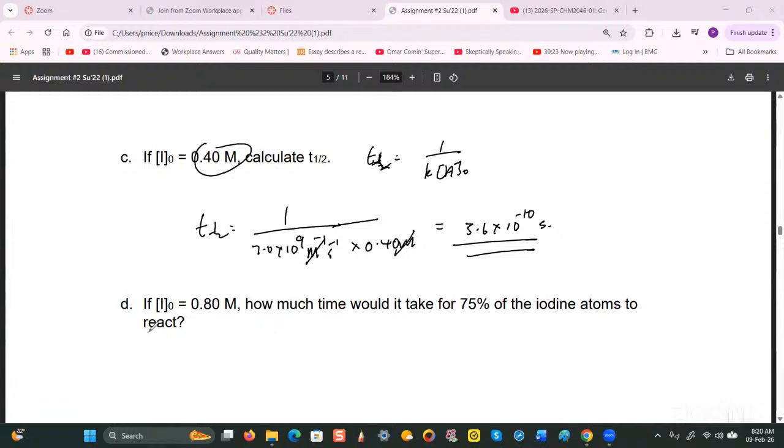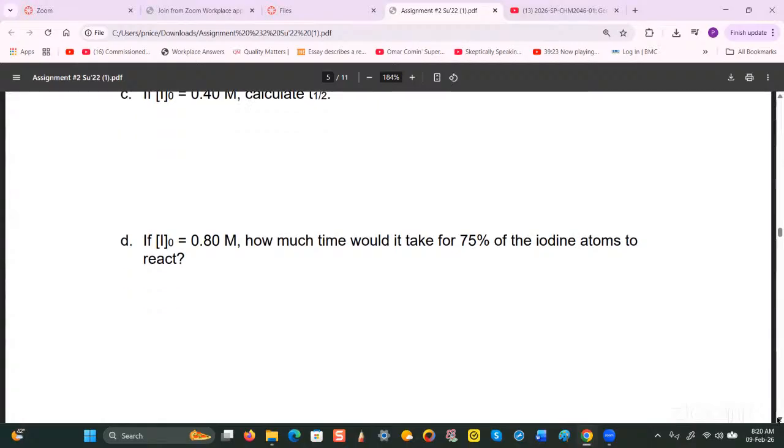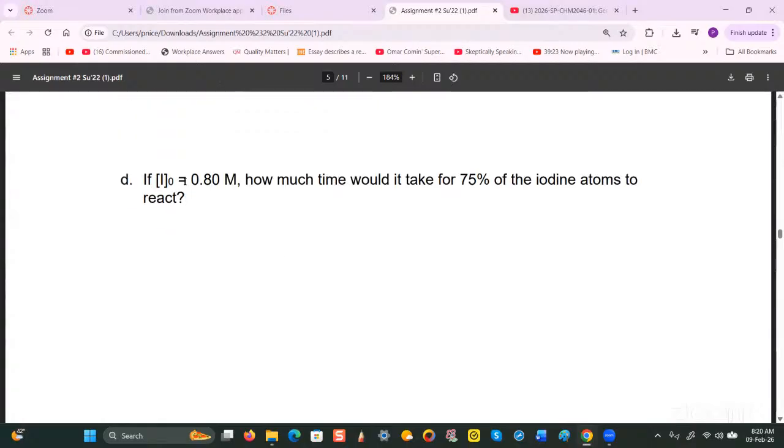Okay, continuing, let me clear this and move on to question B, which says, if the initial concentration is 0.80 M, how much time will it take for 75% of the iodine atoms to react? The equation I would use is 1 over the concentration of A equals 1 over the initial concentration of A. Or let me use iodine since that's what we're given.